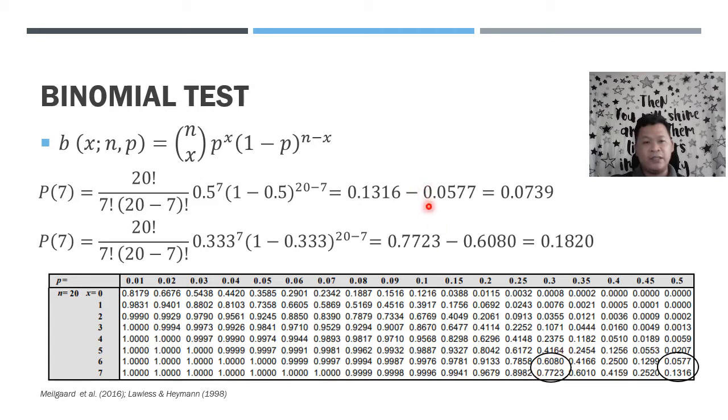Okay, so for same different test, you get 0.0739, and for the triangle test, you get 0.1820. Either ways, lahat sila ay greater than your alpha of 0.05, and therefore, you would arrive at the same conclusion that you would have to accept the null hypothesis. Because statistically speaking, we couldn't really say with certainty that yung pagsagot nila doon, pagkuhan lang ng tamang sagot ay hindi due to chance.